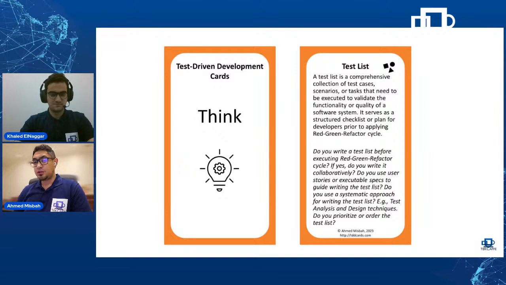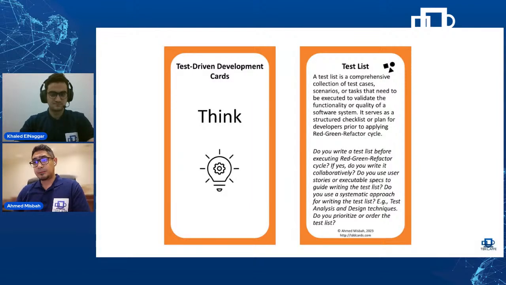Because usually teams get stuck on how they should start. And this confusion makes the TDD experience a big mess. So the test list pattern is there to answer this question and to solve this problem.